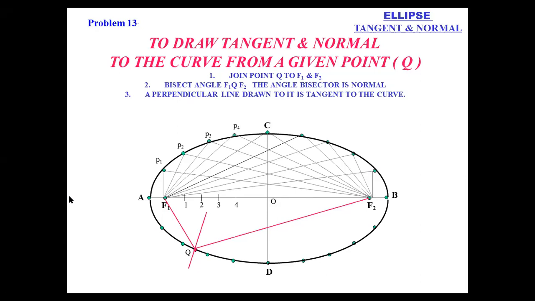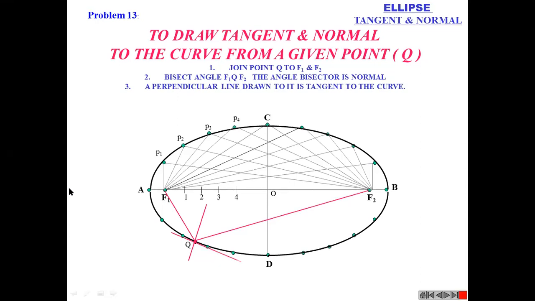Fine. But if you are given a certain point, how this point is to be generated, that we will also discuss. First of all, from that point both focuses are joined, and that angle is bisected, and the bisector automatically becomes the normal. Fine. And the perpendicular line to that normal at that point is the tangent to the ellipse at that point.